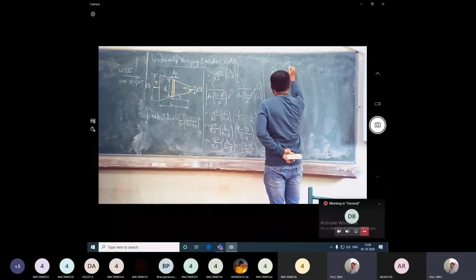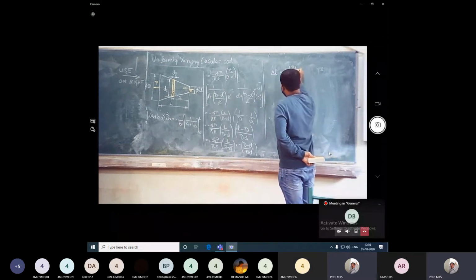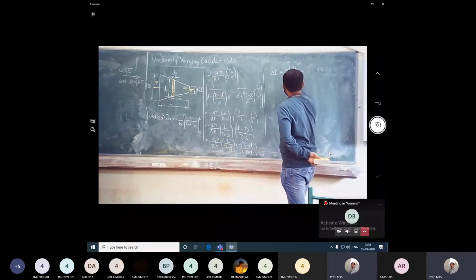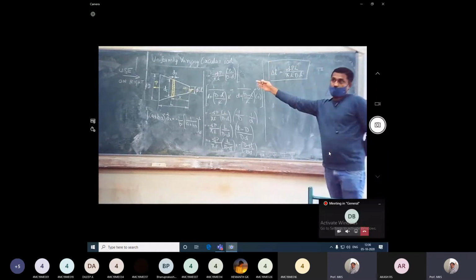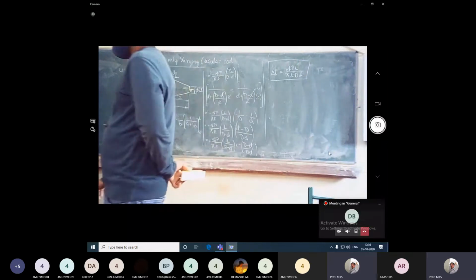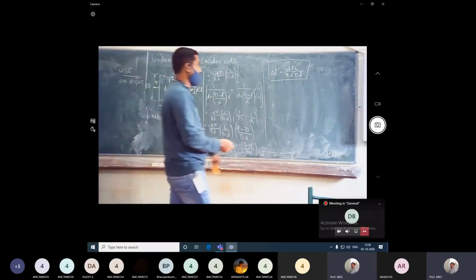So it is plus 4P by pi E, 4PL, L is remaining, 4PL into pi E into capital D into small d. So this is the expression for change in length of tapered rod of diameter capital D to small d. So you need to remember this equation.